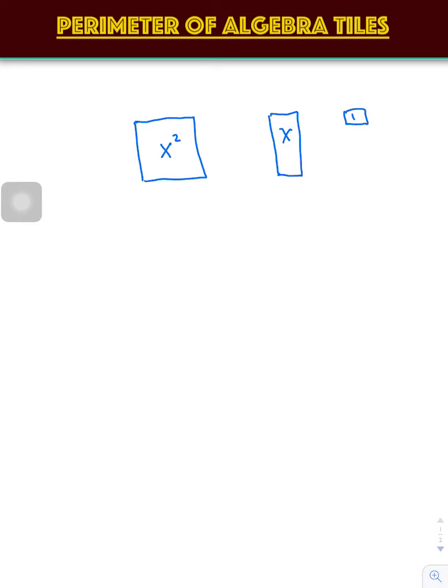We learned that the area of these tiles was just the name of them. So the area of this tile was x squared, the area of this tile was x, and the area of the unit tile was just 1.